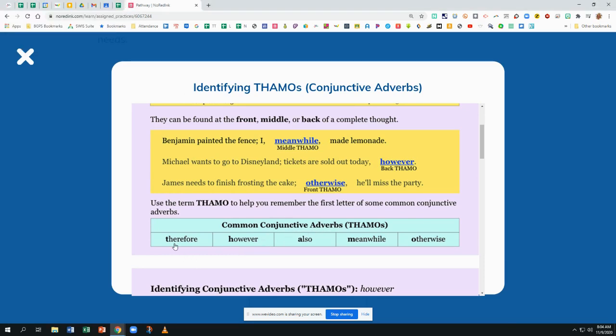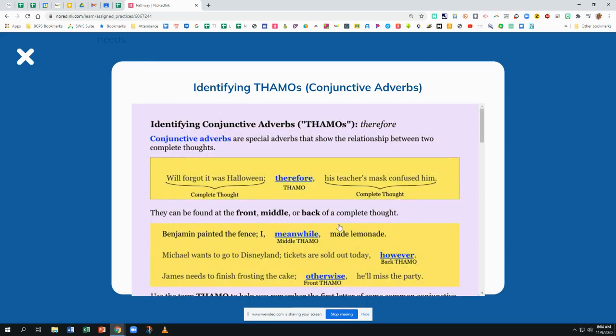So when we see these words, especially when they are connecting two complete thoughts, then we know we have a conjunctive adverb. So let's look at some of these examples here.